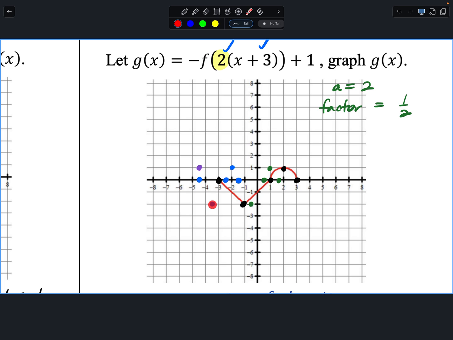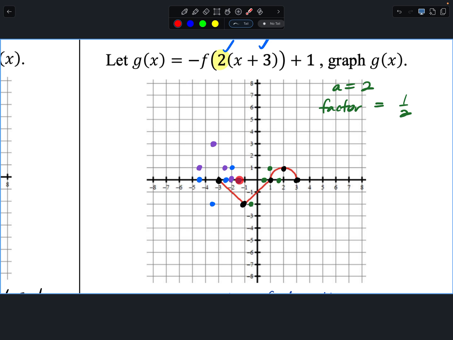This point right here is 2 units away from the x-axis. So if I reflect it across, it's going to be right here. Up 1. This point's on the x-axis, so nothing happens. And then up 1. This is 1 above, so if I reflect it across, it'll be 1 below. And then up 1.